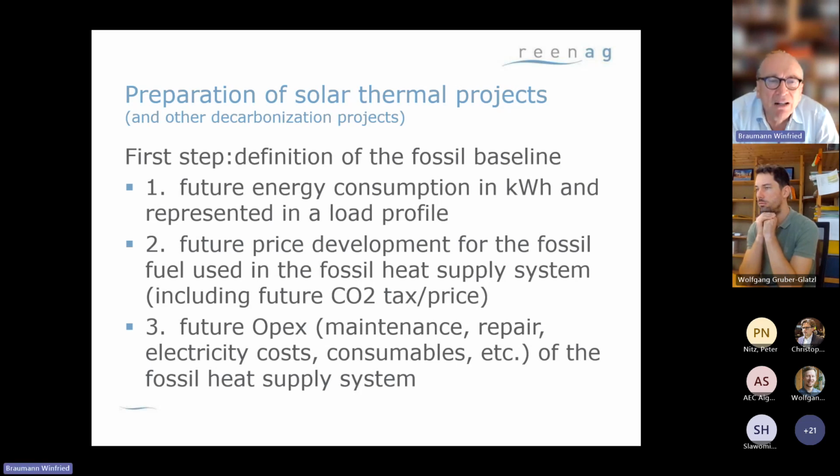Well, until now, the approach to assess the profitability of a renewable energy project is based solely on comparing the costs of fossil energy supply with the costs of renewable energy. However, the replacement of fossil fuels with renewable energy in production can, of course, bring further advantages, so-called additional benefits. CO2-free products can fetch a higher price on the market.